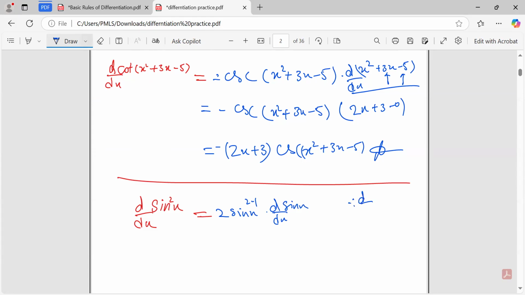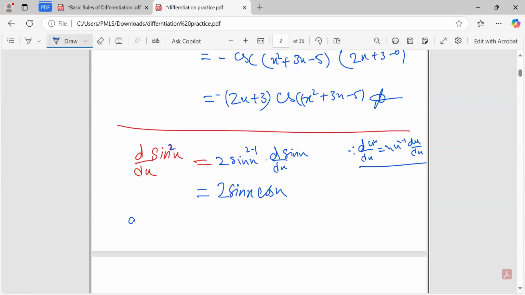Here you use this rule first, because there is a power on a function. Whenever you have a power on a function, you apply the power rule. So this will be 2 sine x, since 2 minus 1 is 1, and the derivative of sine is cos x.